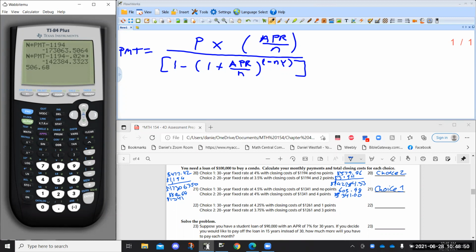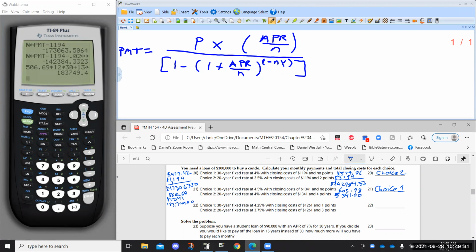506.69 times 12 payments a year times 30 years plus closing costs of $1,341. The total cost on this side of 183,749.40.